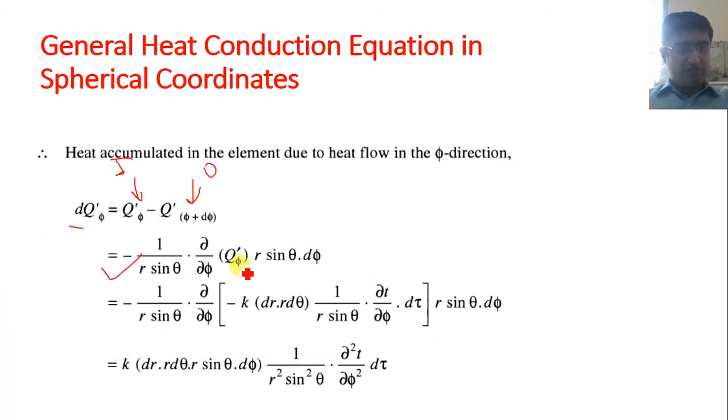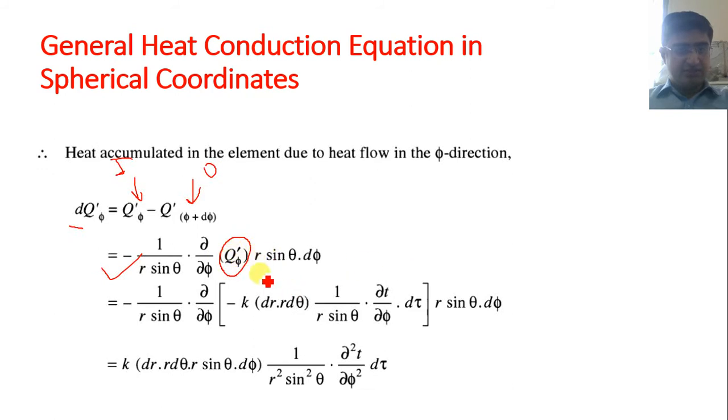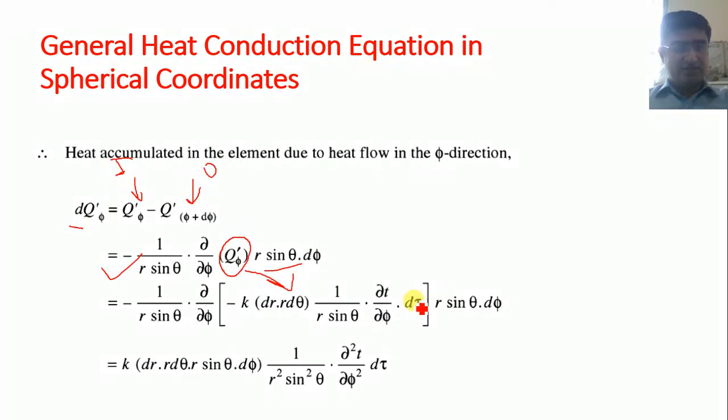Now we have the value of q phi dash, or in a very simple manner we have to place this value of q phi dash into our required equation. Here we have to place the value of q phi dash r sine theta d phi as it is.